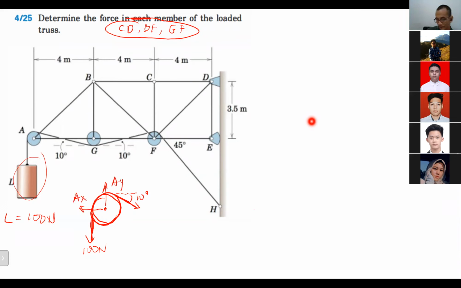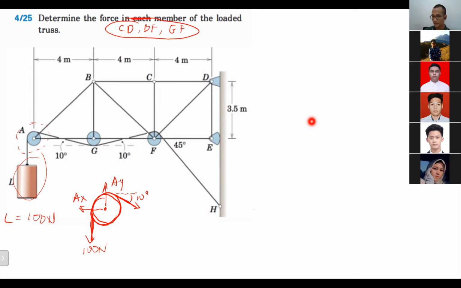Correct or not, Rizky? Yes, Pak. This is the free body diagram at A. AX and AY later will become the forces happening at joint A. That's the thing that we have to do. You get it, Rizky? Yes, Pak.